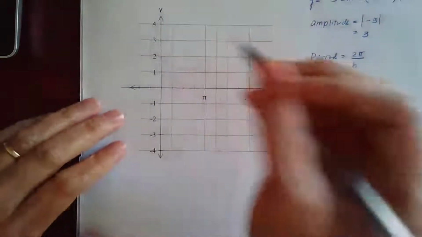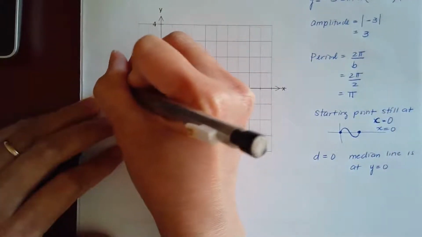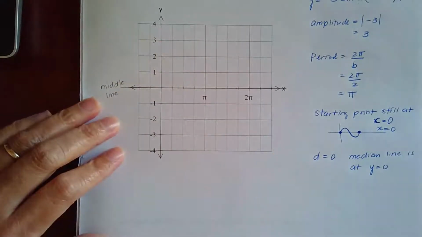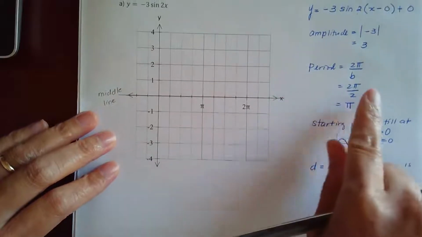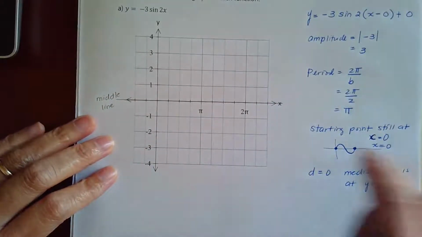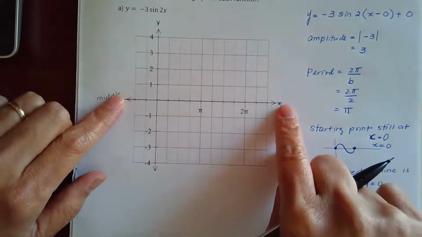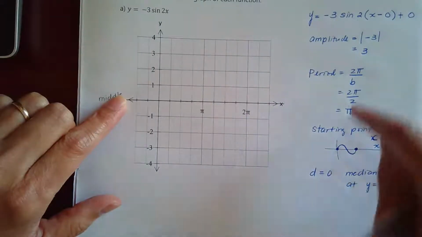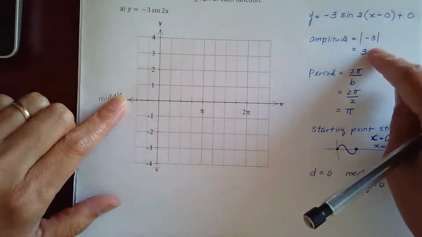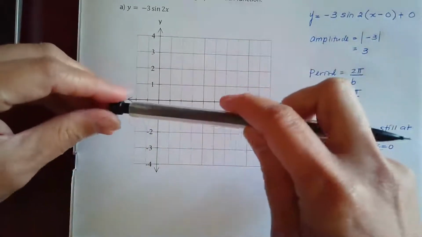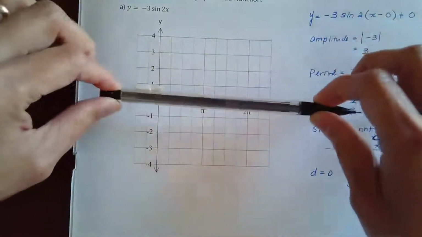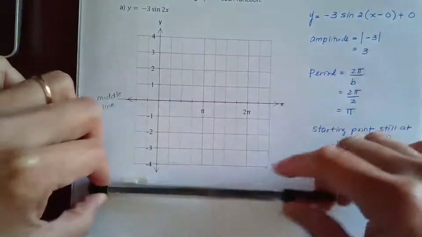The next thing I do is the amplitude, how far from the middle line to the maximum, and from the middle line to the minimum.